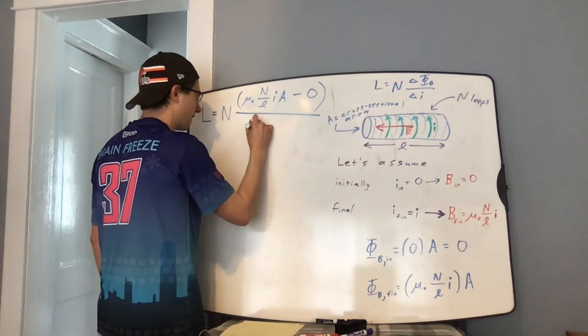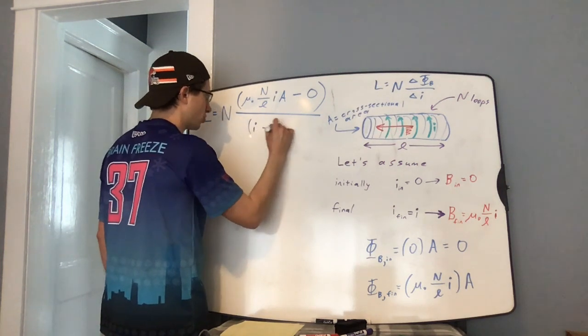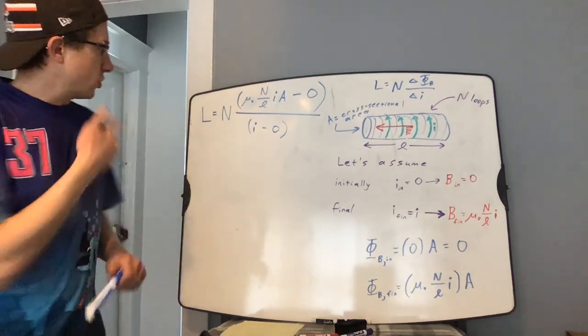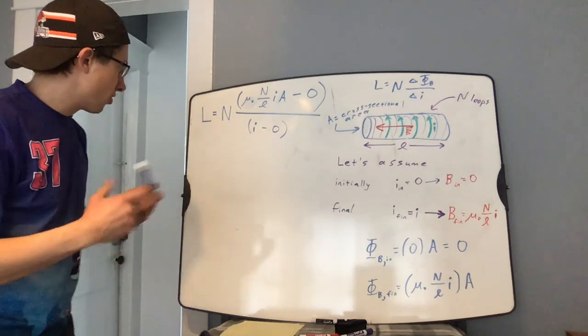So that would be final current, we said is I, initial current is 0. Now at this point, I'm just going to solve some algebra and rearrange.